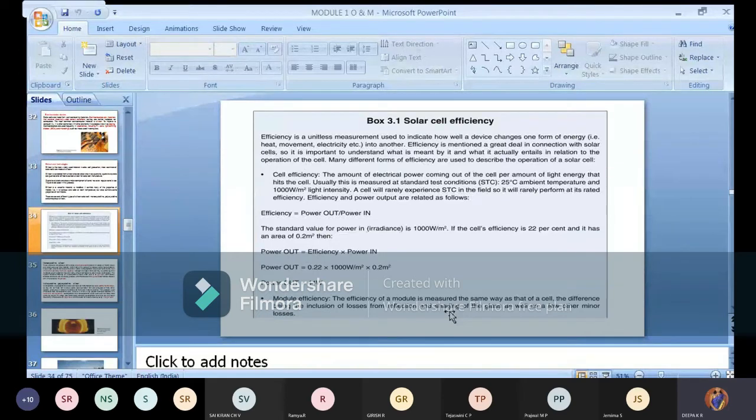Let us assume 10 cells are connected. So 10 are getting 44 at one peak time, and after that some 6 are getting 44, the remaining are getting some 30. The reverse process can also happen. That's why you cannot say the output will be the same or standardized. It will vary. So a few other minor losses will also be considered when you want to calculate the complete module efficiency.